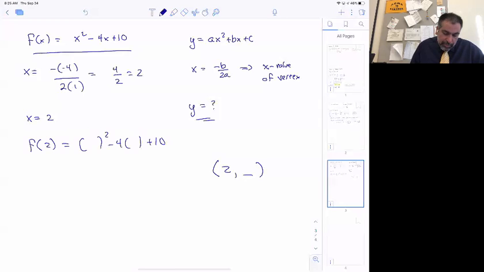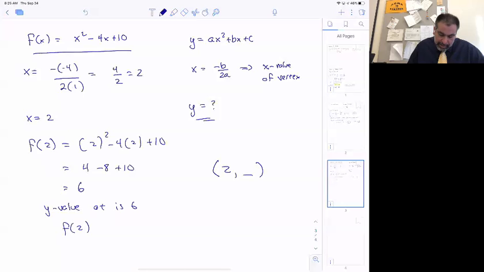We're plugging in our 2, and now we're going to compute this. And we're going to get 4 minus 8 plus 10. That ends up giving us 4 minus 8 is negative 4, plus 10 is 6. So now we know the y value at 2. In other words, f of 2 is 6. And that's going to be our vertex.